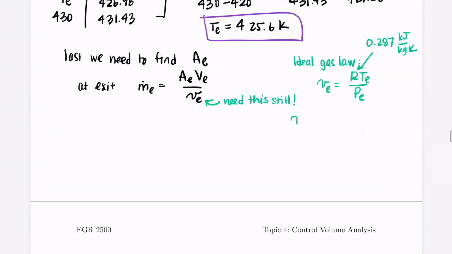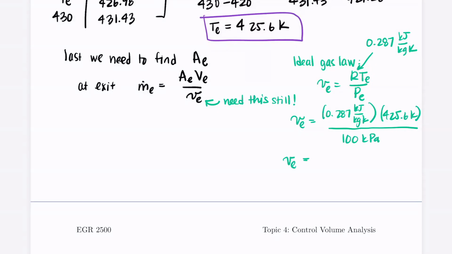So we have 0.287 kilojoules per kilogram K times our temperature at the exit, which is 425.6 Kelvin, divided by the pressure at the exit, which is 100 kPa. And we get that VE is 1.22 meters cubed per kilogram.